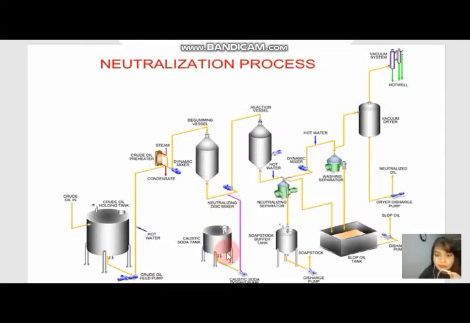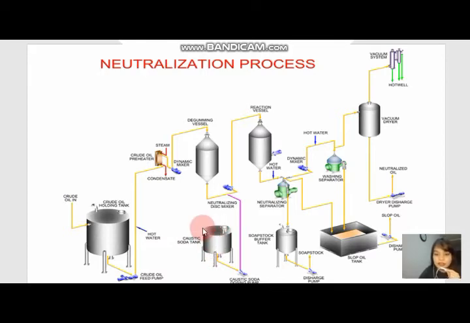But still, some of the oil consists of free fatty acid. Therefore, to remove the free fatty acid, sodium hydroxide, known as caustic soda, is added by adding the caustic lye in the caustic soda tank.